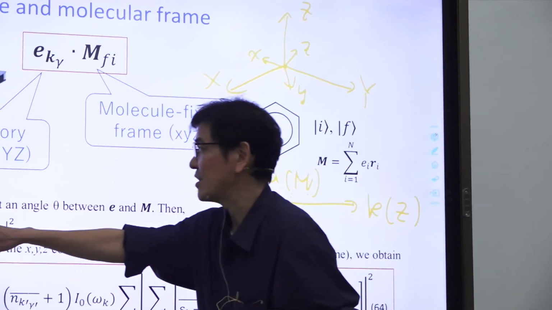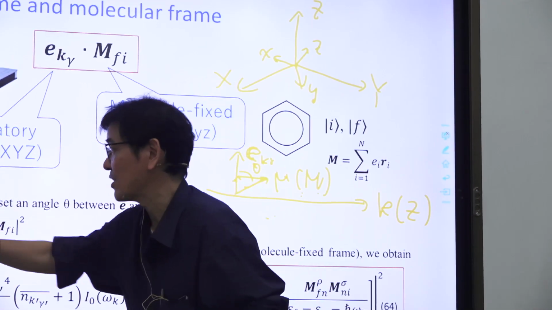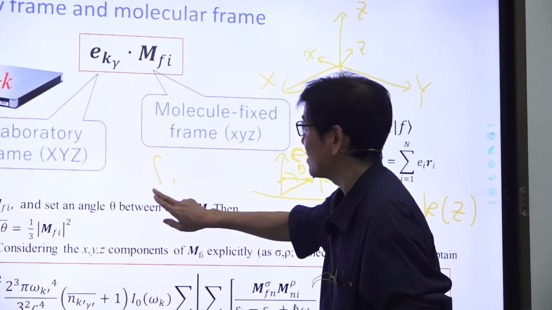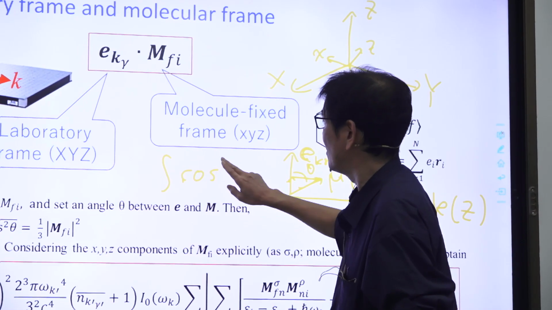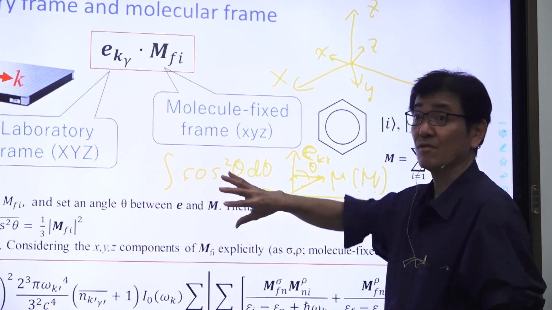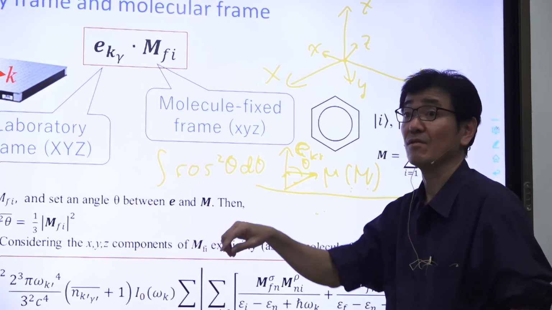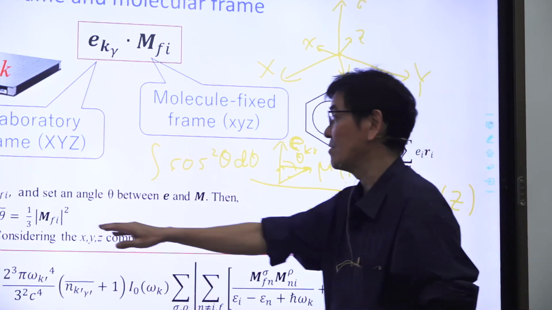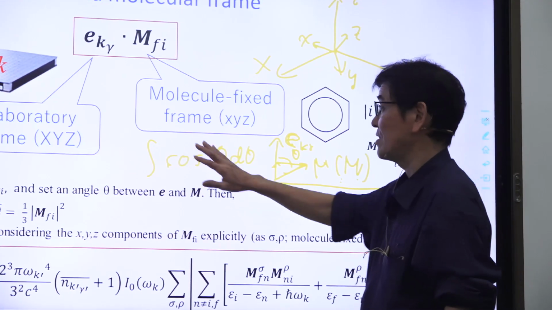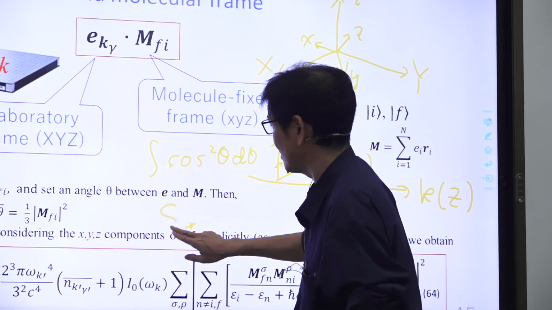So cosine theta is introduced here. It's squared, so cosine square theta is introduced here. And by integrating over all angles theta, it becomes 1/3. So this is a spatial averaging.